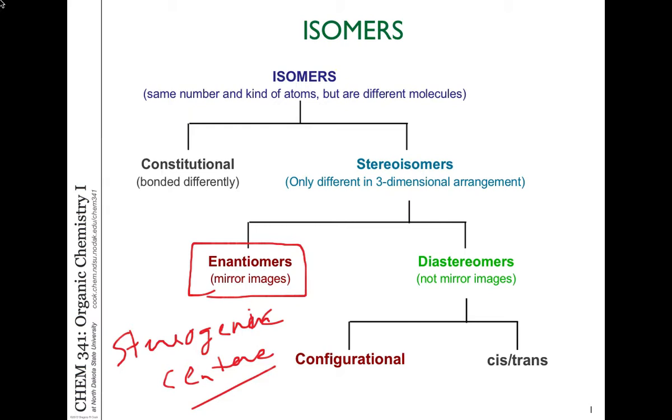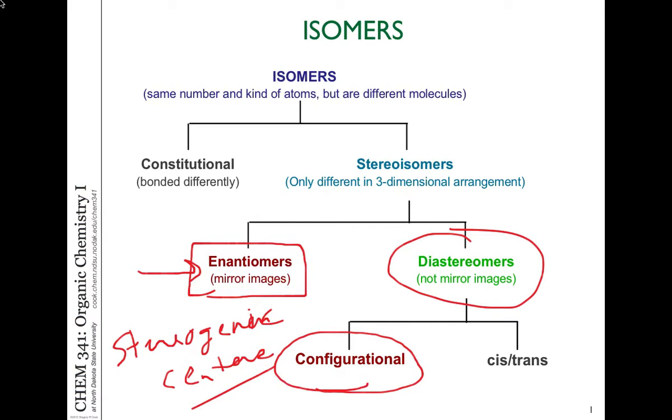On the other hand, all other stereoisomers that don't fit into this category of enantiomers are considered diastereomers. That includes diastereomers which have differences in stereogenic center configurations or in cis-trans isomers. Cis-trans isomers aren't necessarily chiral molecules.